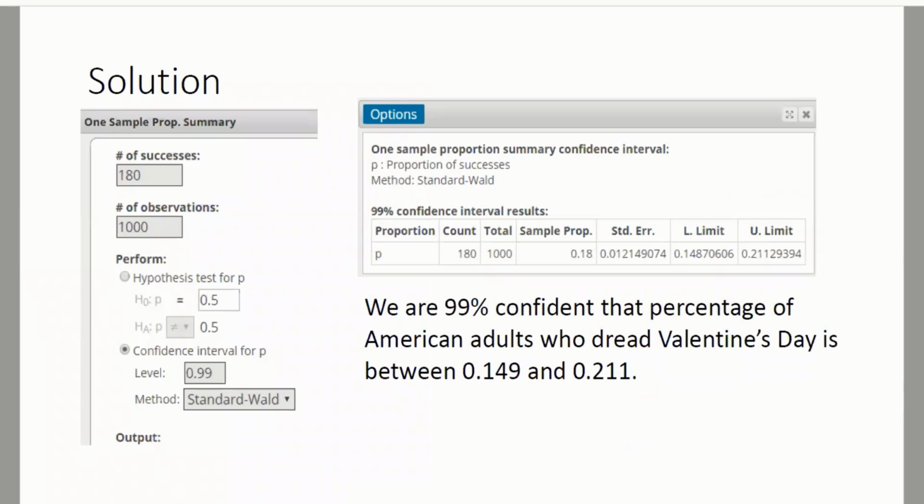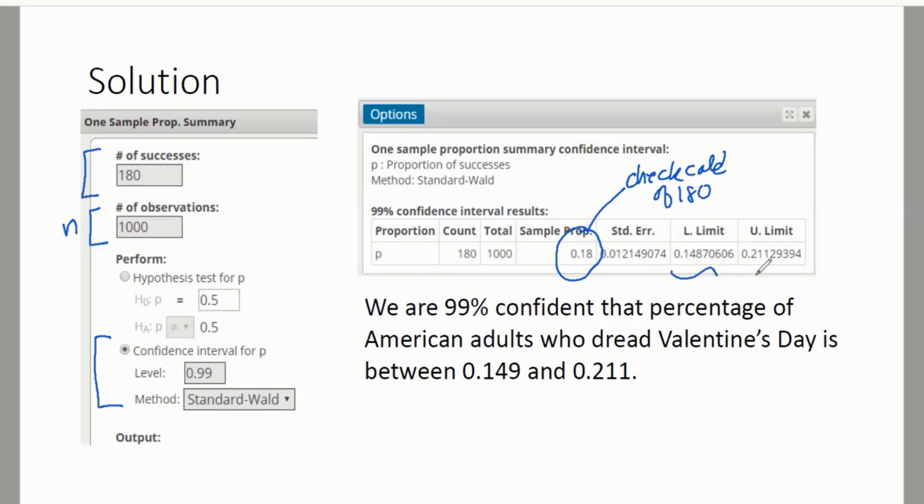So putting that into StatCrunch, we're putting in our 180 successes that we just figured out, our number of observations n, and our confidence interval must be a 99% level. Our output tells us our sample proportion, so this is a good way to check your calculation of 180.